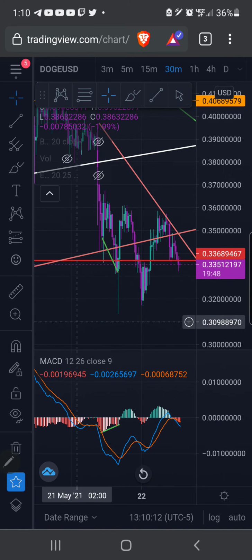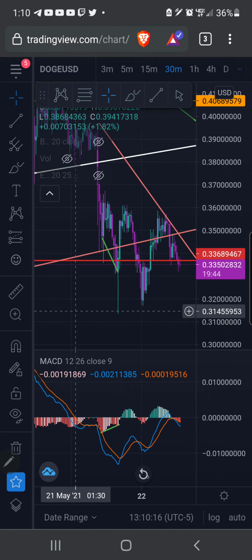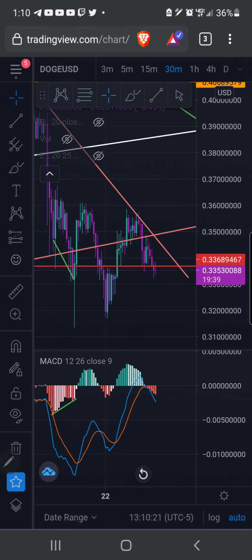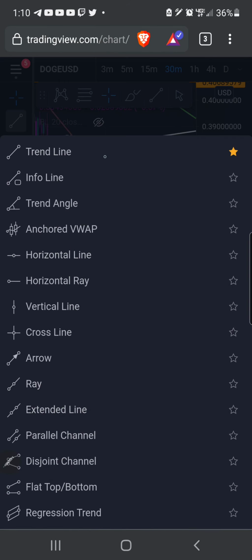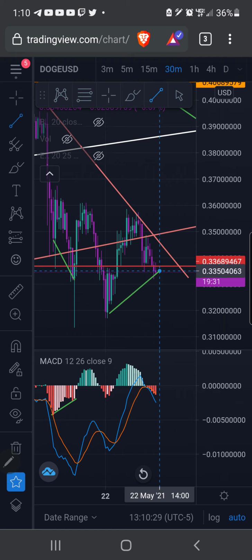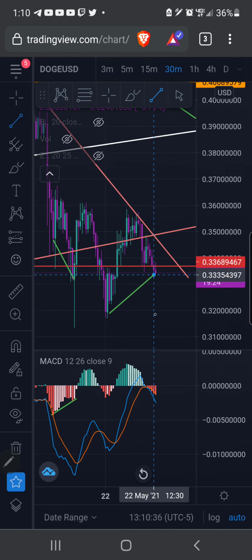But let's check some more. Let's see if we got another situational divergence. Okay, so let's draw a trend line from this low to this low. Is that going to match up? This low. Okay.